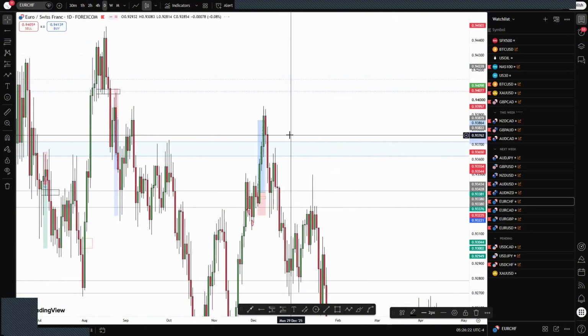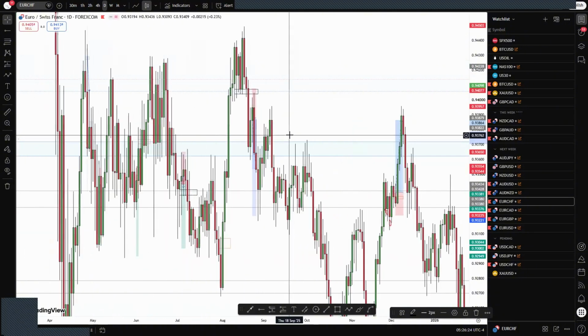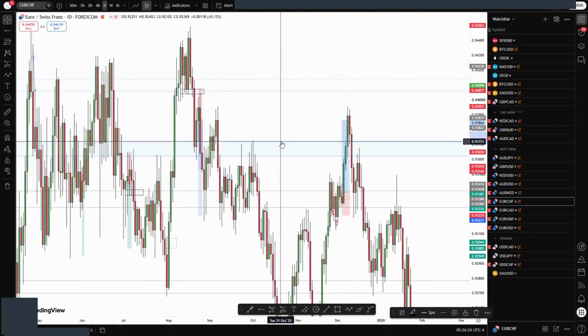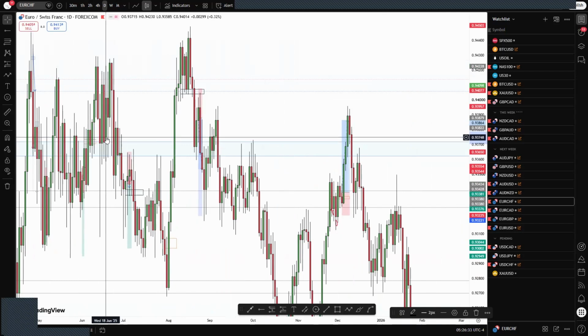But this is a very nice level. I think it's the best level.